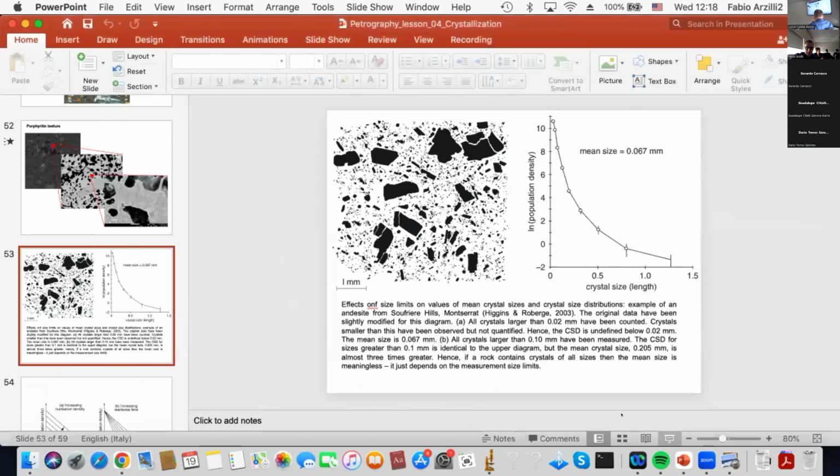You just need to analyze the image. Then you calculate the population with the output, and you will get that. Then you calculate the slope.